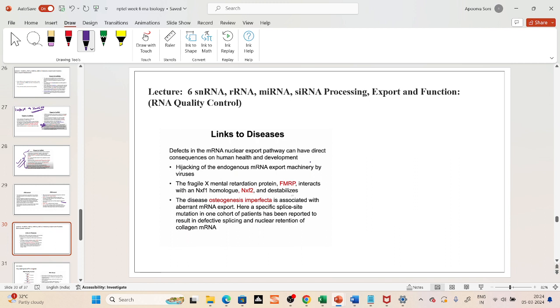One of the most common is osteogenesis imperfecta, which is associated with aberrant mRNA export. That means the export of mRNA from the nucleus to the cytoplasm is not controlled. And why does it happen? It happens because of a splice site specific mutation. There is a mutation in the splice site because of which this disease happens.